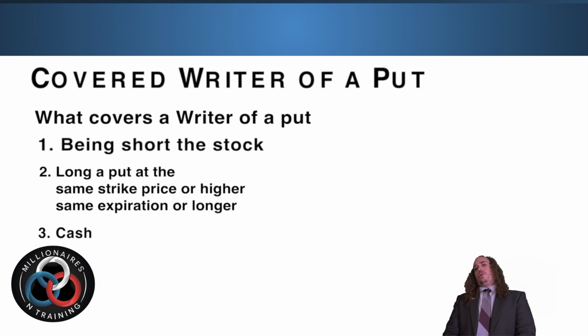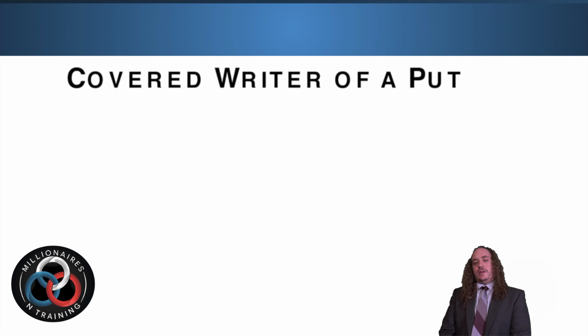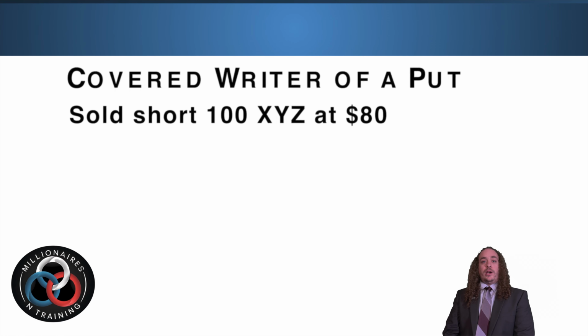Why a call? Not a call, but with a put, yes? Well, the potential loss with a put is the stock going down to zero, whereas with a call, the loss can be unlimited. So cash can be used to cover the writer of a put, but not the writer of a call. So let's look at the writer of a put.